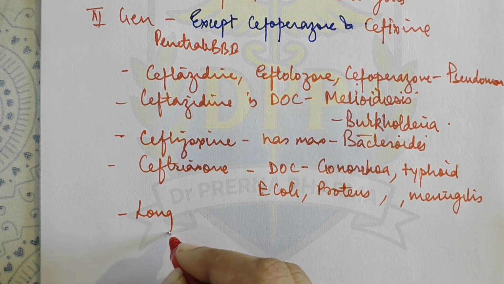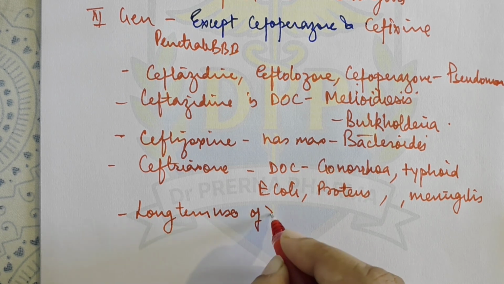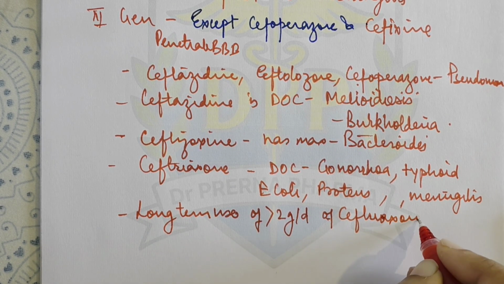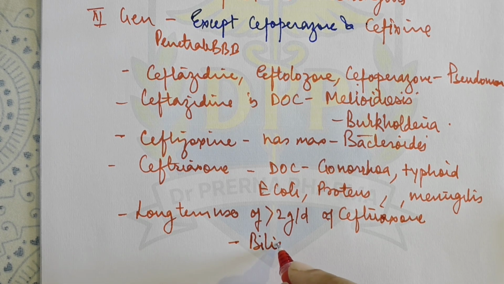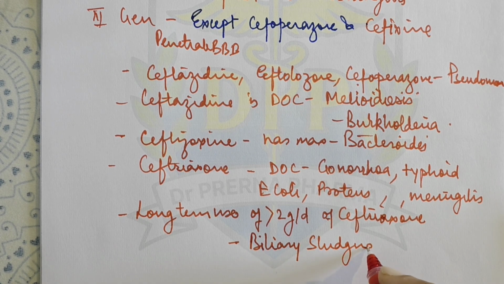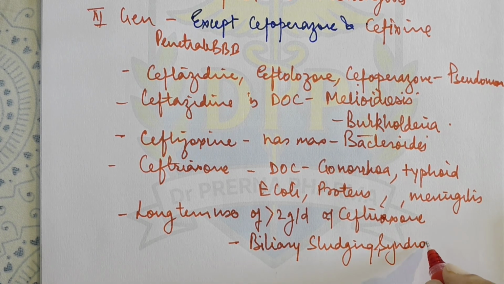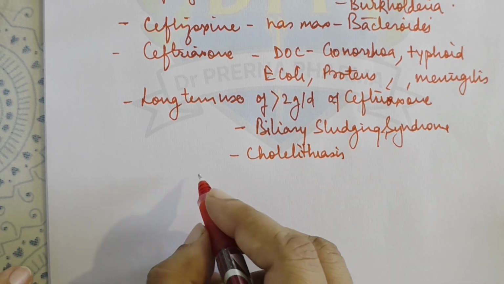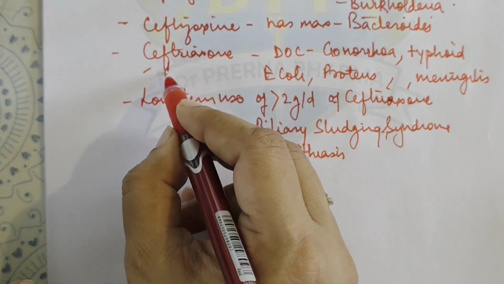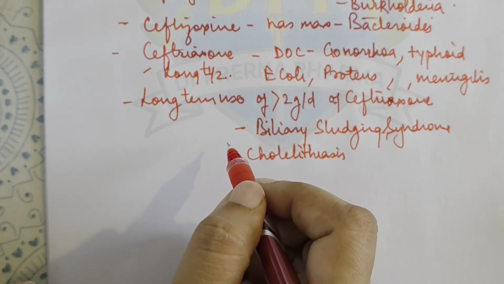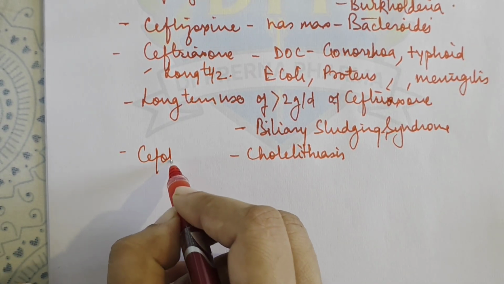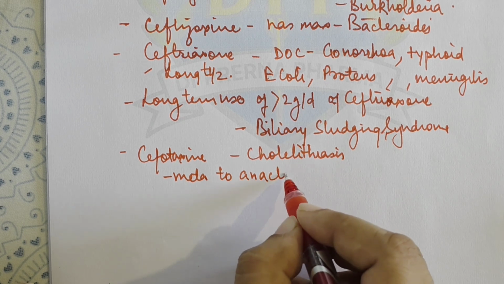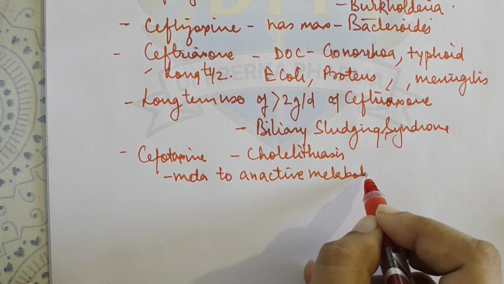Long-term use of more than 2 grams per day of ceftriaxone is associated with biliary sludging syndrome and cholelithiasis, right? Ceftriaxone also has a very long half-life, and cefotaxime is metabolized to an active metabolite, right?